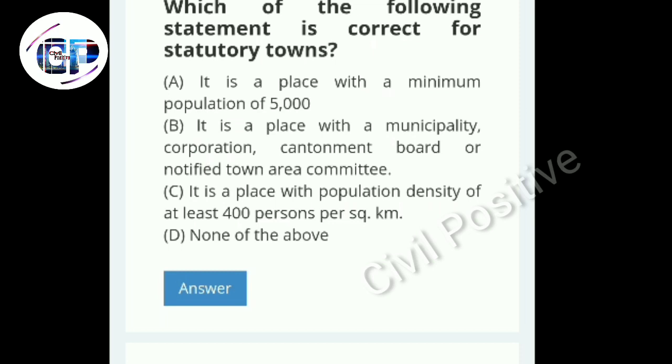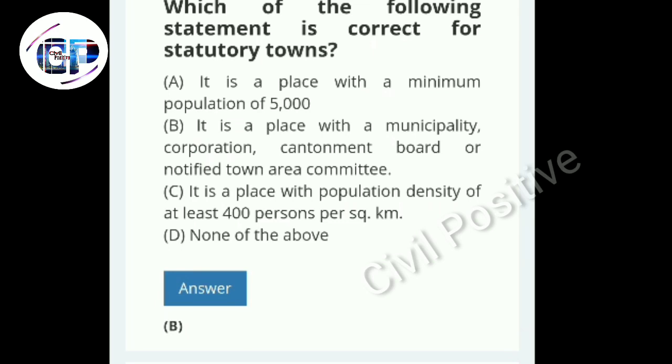Which of the following statements is correct for statutory towns? A, it is a place with a minimum population of 5,000. B, it is a place with a municipal corporation, cantonment board or notified town area committee. C, it is a place with a population density of at least 400 per square kilometer.